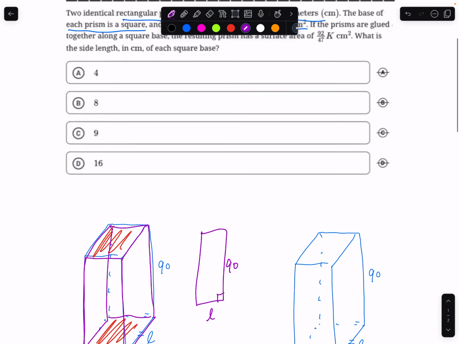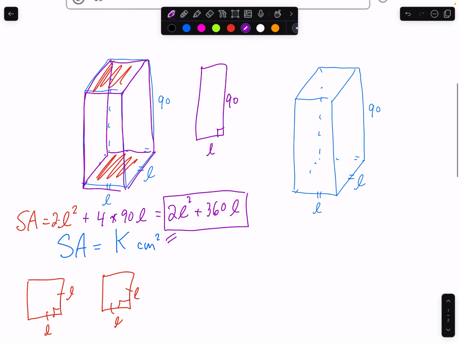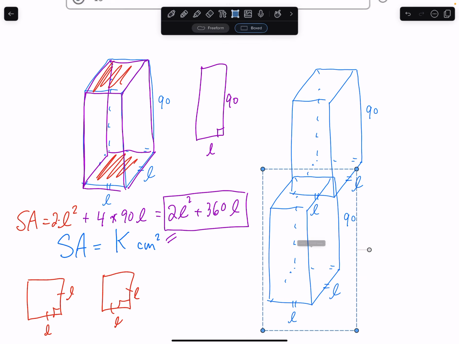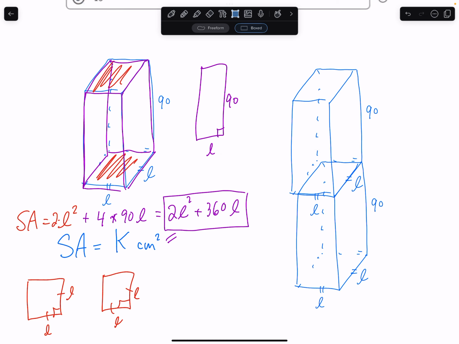Now we're going to have two of these, and we're going to glue them together along the square base. So here's one. We're going to attach it like so along the square base, the L by L base. And now if we were talking about the surface area, what would we spray paint if we sprayed the exterior of this? This wall from each of the rooms that we're putting together does not touch the air anymore.